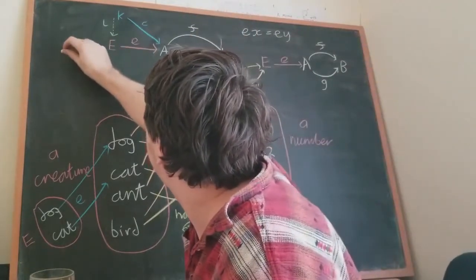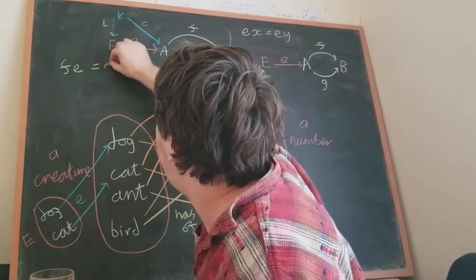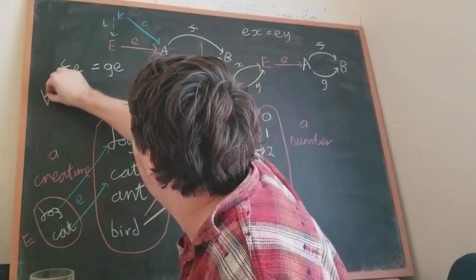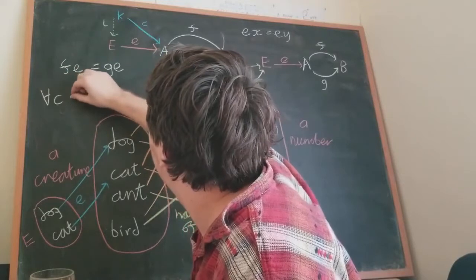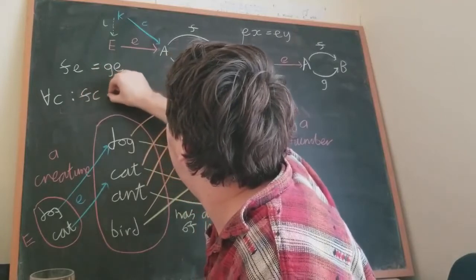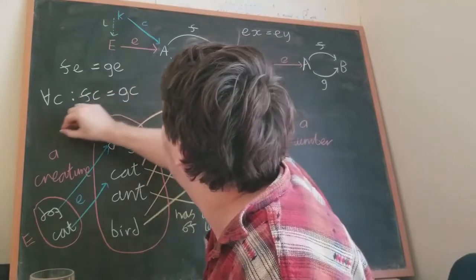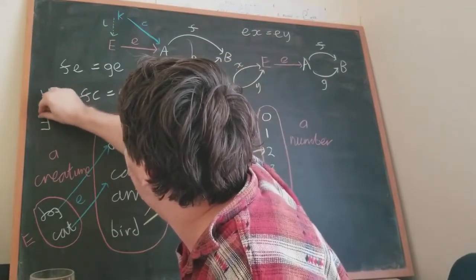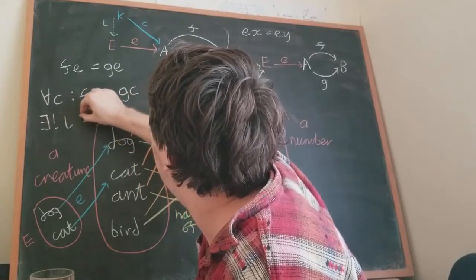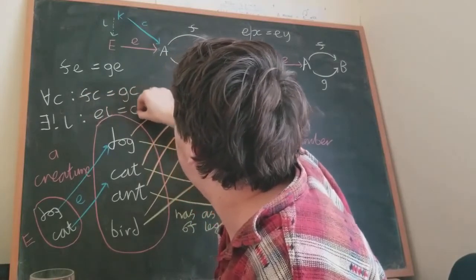It means that f after e equals g after e, and it means that for all c such that f after c equals g after c, there exists a unique L such that e after L equals c.